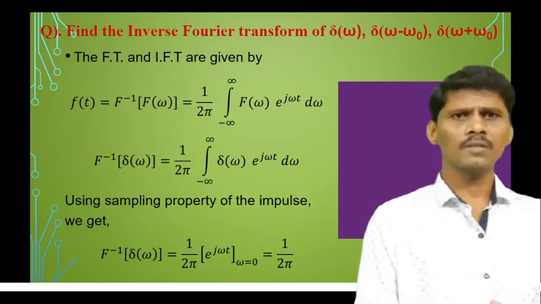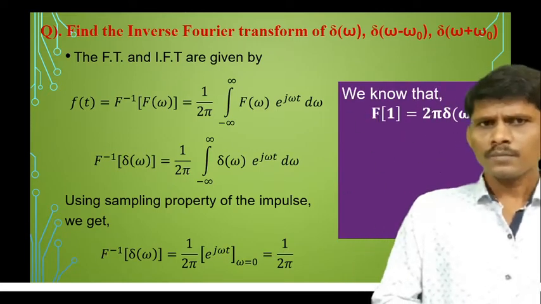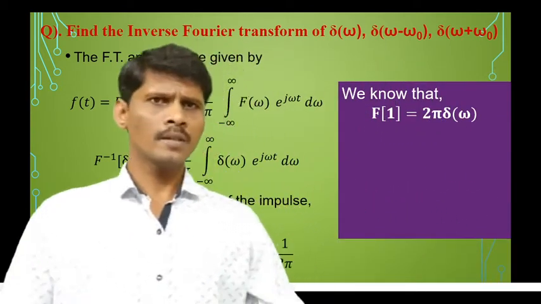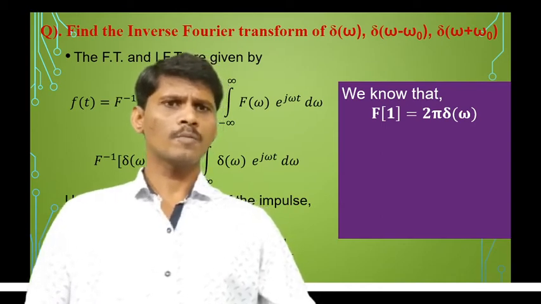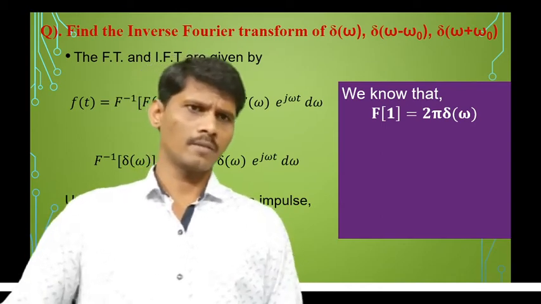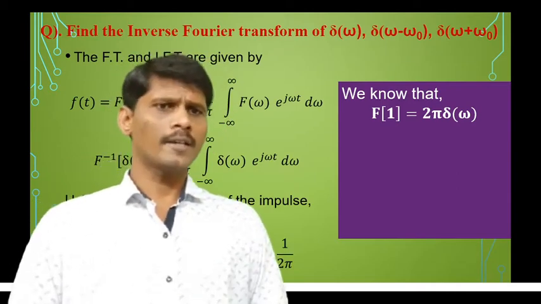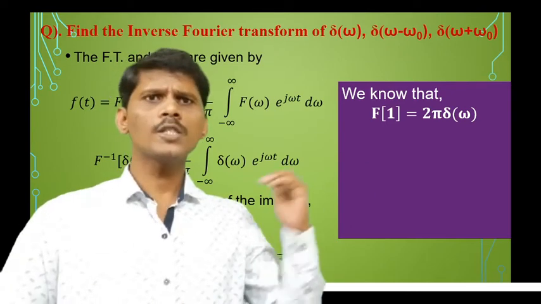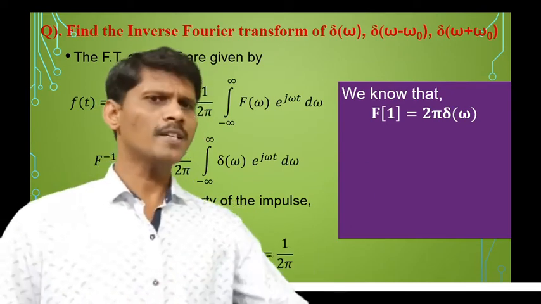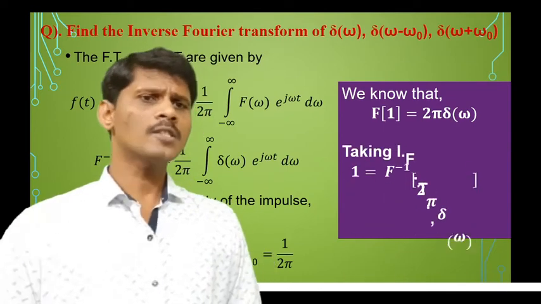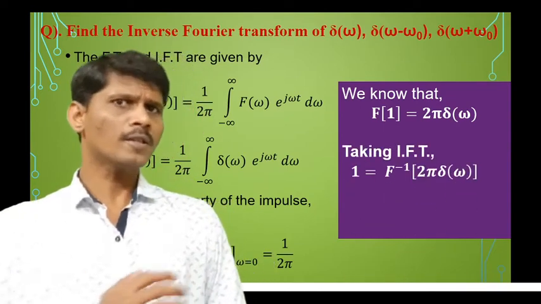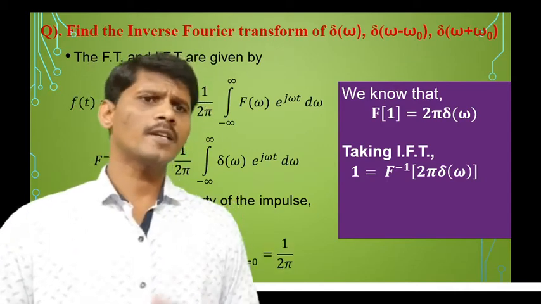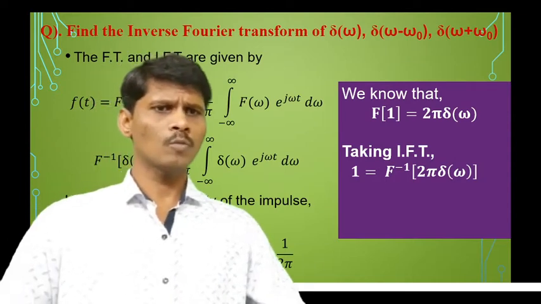And one more method: the Fourier transform of a constant signal is already calculated. What is the Fourier transform of a constant function? Fourier transform of 1 is 2π δ(ω). In this equation, apply the inverse Fourier transform on both sides. On the LHS, the Fourier transform and inverse Fourier transform cancel, and the remaining term is only 1.